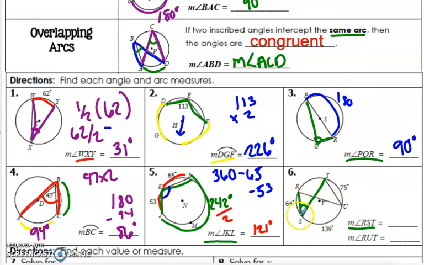I know this arc, and this arc, so I can take them all away from 360. So 360 subtract 75, subtract 139, and then subtract 64, and that will tell you what is remaining in that circle, 82 degrees. Again, the relationship between the arc and the inscribed angle is half, so half of 82 is going to be 41 degrees.